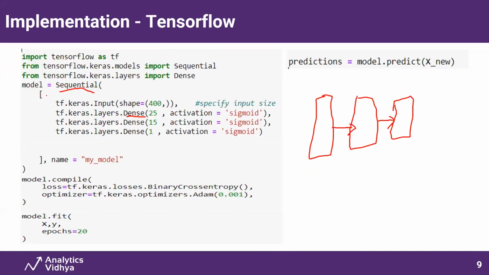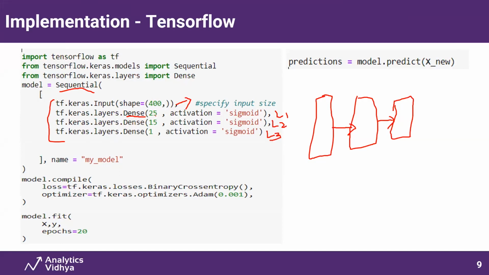So we use the Sequential function of TensorFlow to tie all these layers together. First we define the input size, which is the size of my input, so the model now knows you're going to get an input of this particular shape. Then we define layer 1, L1, then L2, and then L3.